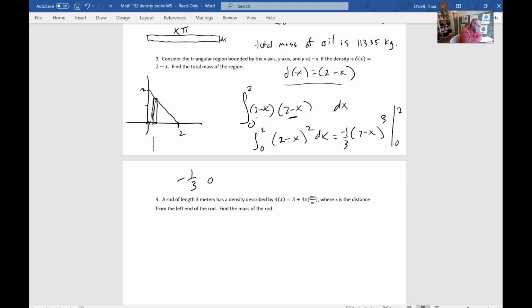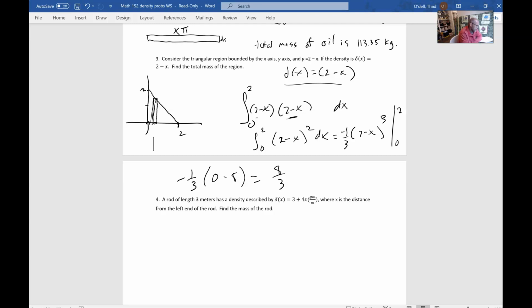So I don't really need that. If I put a 0 in there, that would be 2 to the 3rd, which would be 8. I guess I should do it like this: negative 1/3 times 0 minus 8. So that would end up being 8/3.